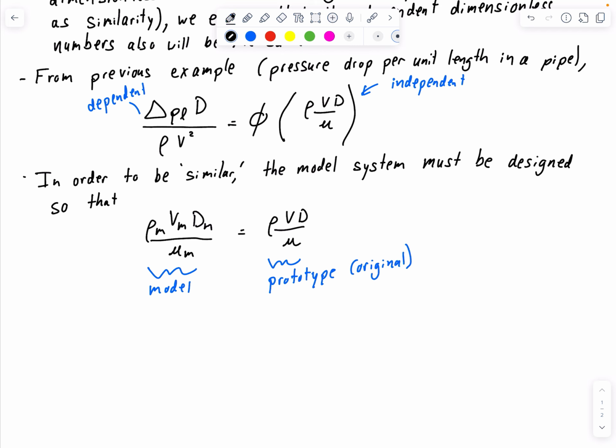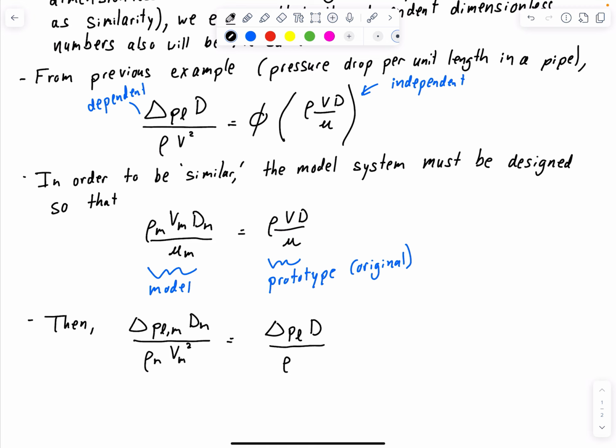So in order to be similar, if we can design it so that the Reynolds number of the model is the same as the Reynolds number of the prototype, then what we'll find is that this delta P sub L of the model times D of the model divided by rho of the model times the velocity of the model squared is equal to delta P sub L times D over rho V squared of the prototype.